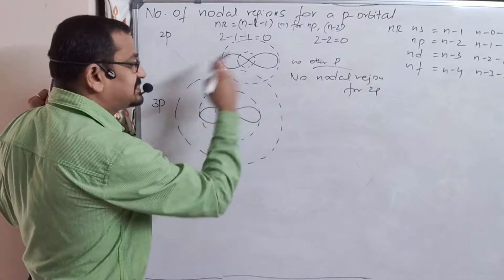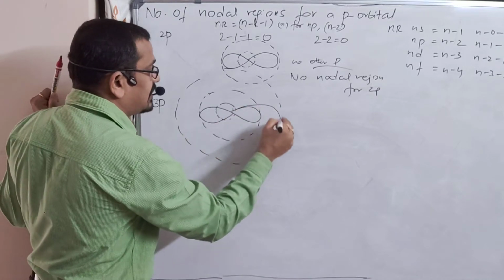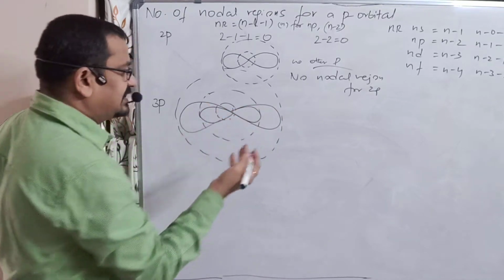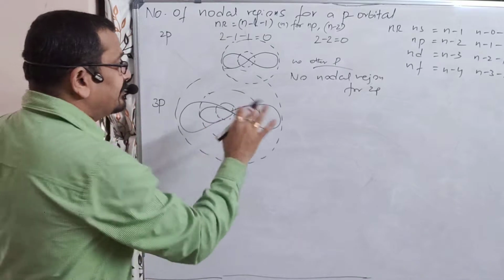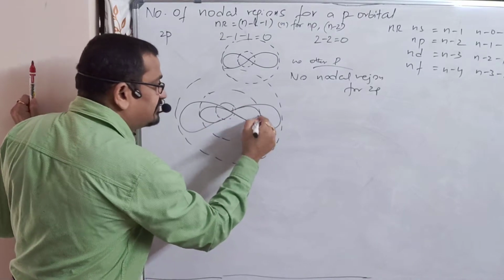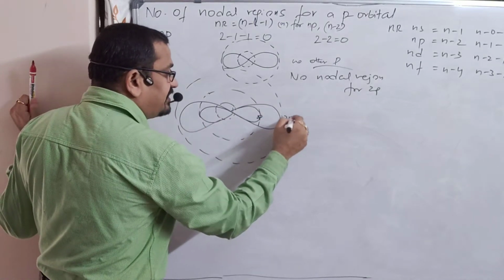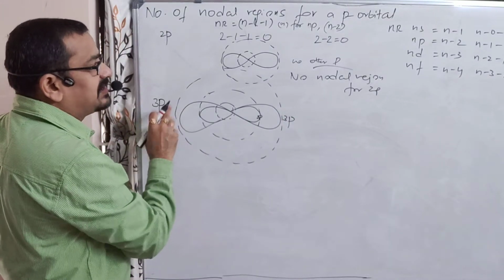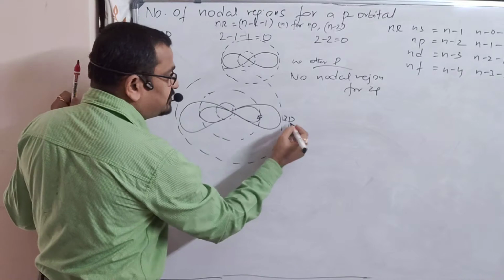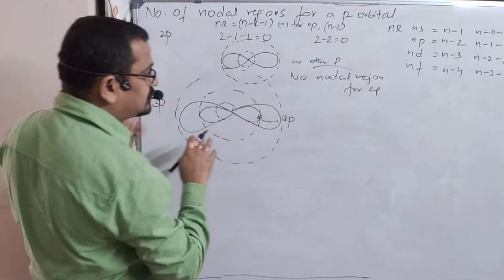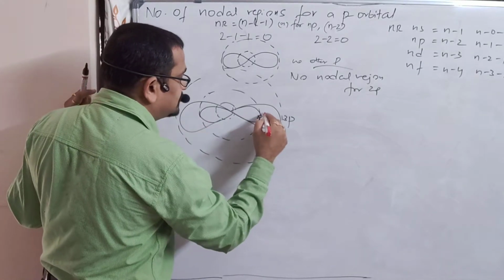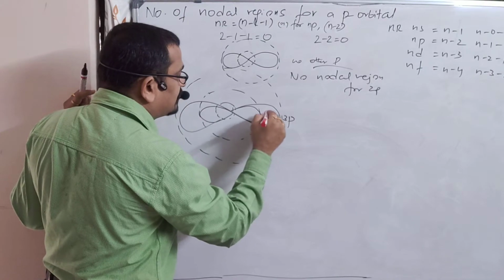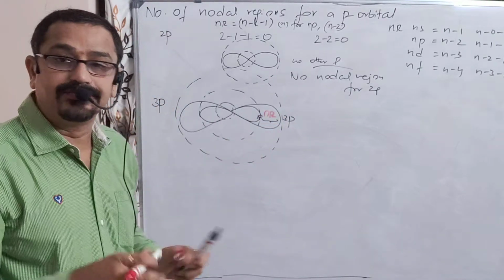The third boundary diagram has 3s, 3p and 3d. We are not discussing 3d at present. I am taking 2p which belongs to the second shell, and 3p which belongs to the third shell. Now for 3p, how many nodal regions are possible? Between 3p and 2p, there is one nodal region. This total region is called the nodal region, where the probability of finding an electron is 0.